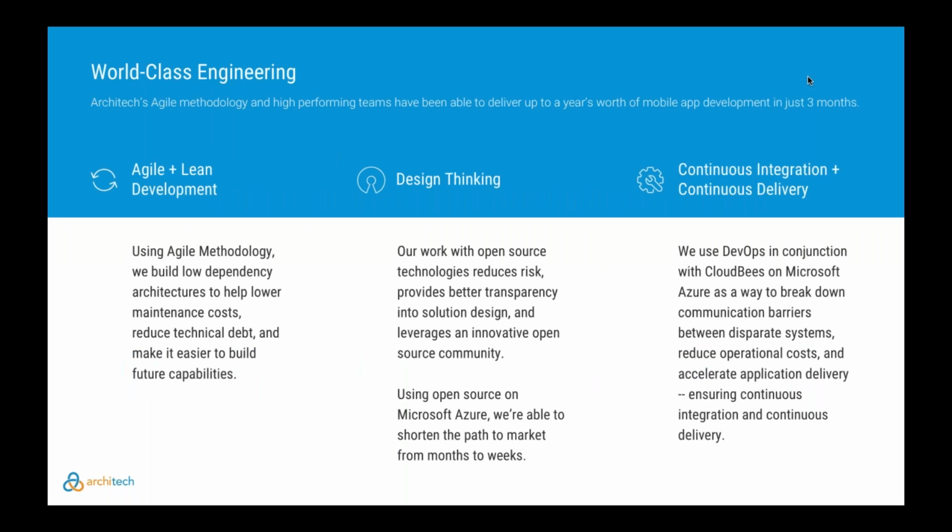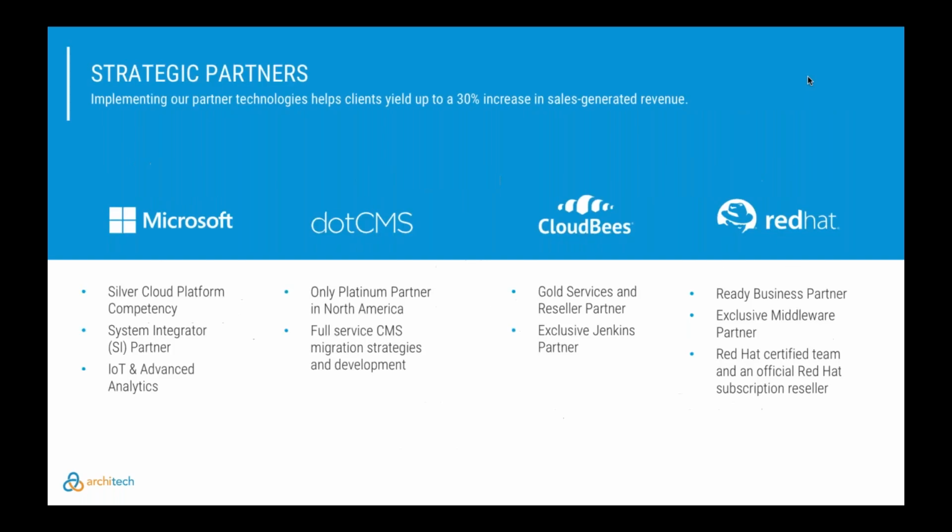Most of our engineers come from an earlier background of extreme programming, so doing agile and lean development is a concept that we have been practicing for a long time. Continuous integration and delivery is part of our methodology and core practices, and we have a very strong design thinking team as well.